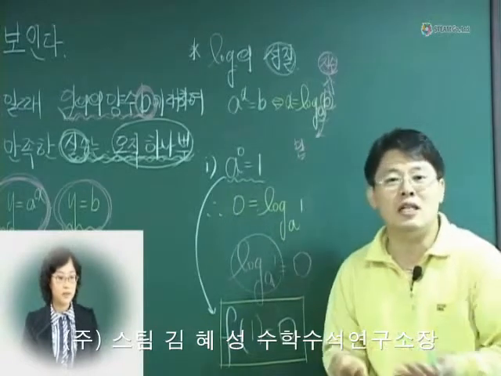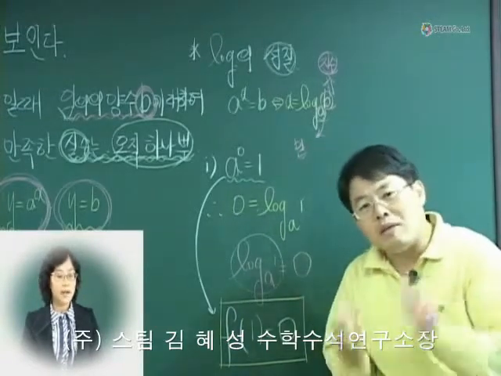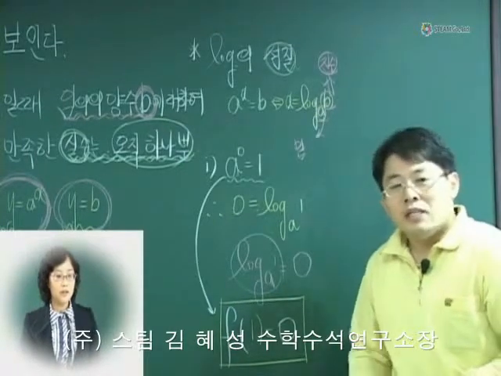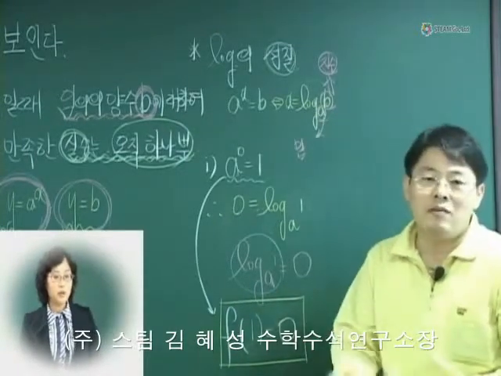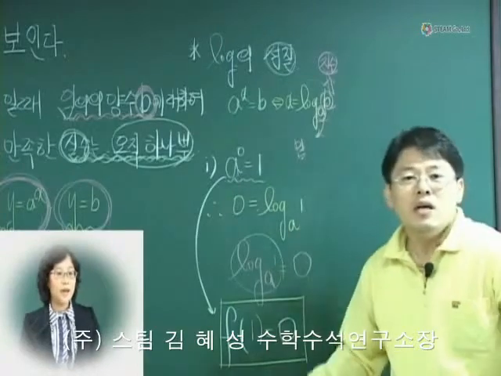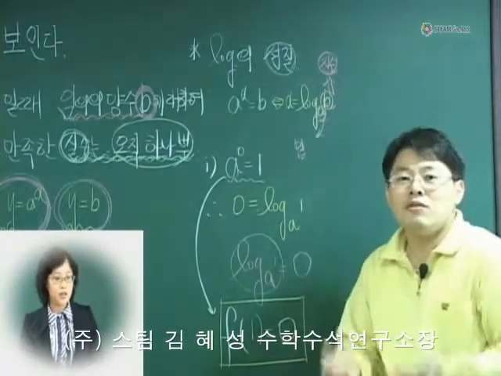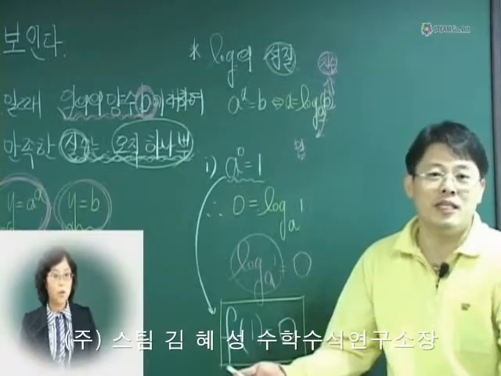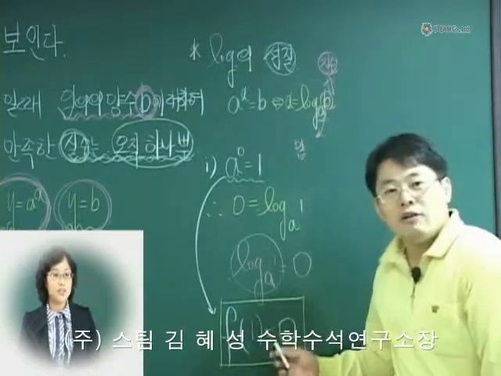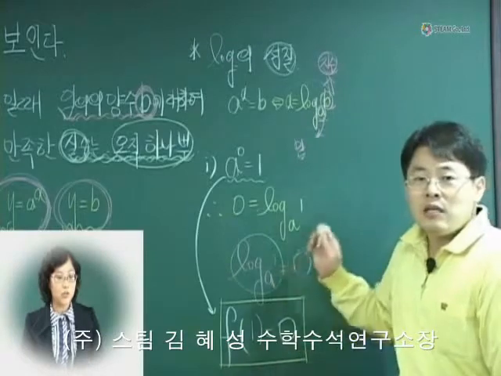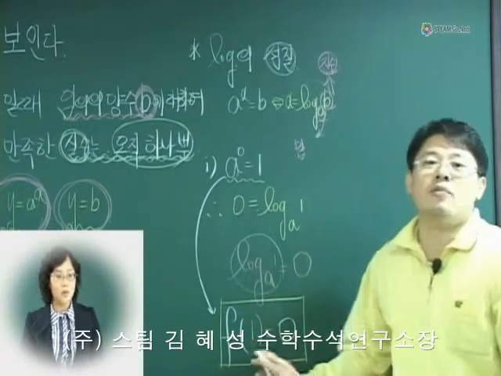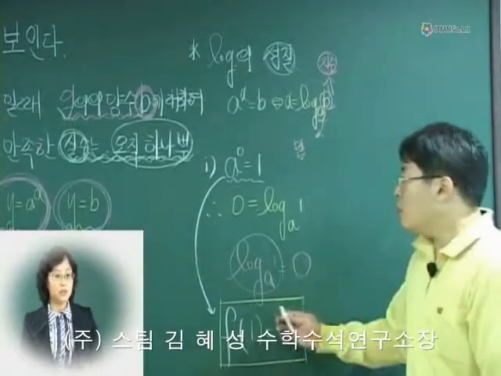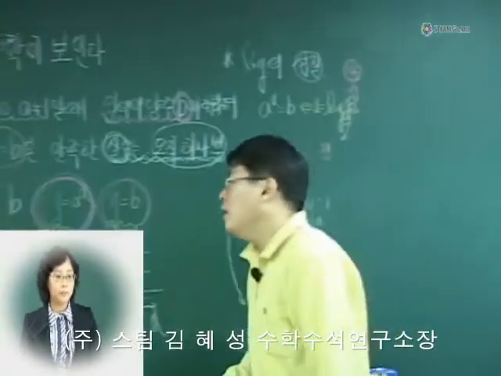Why? Because there are so many kinds of functions, like exponential, logarithm, and rational or irrational functions. If you know which function the question is related to, that's the time we can solve it. I've already told you that if you know the definition, you can solve it well.